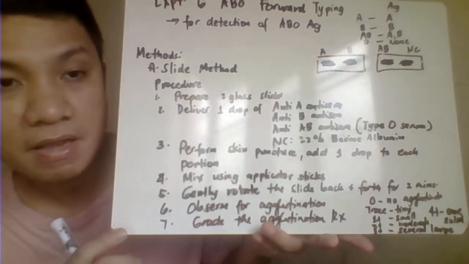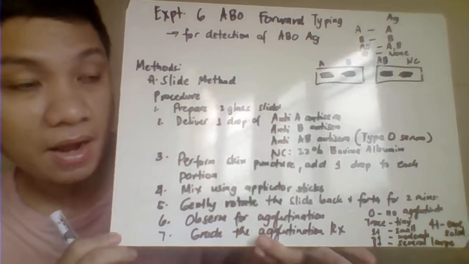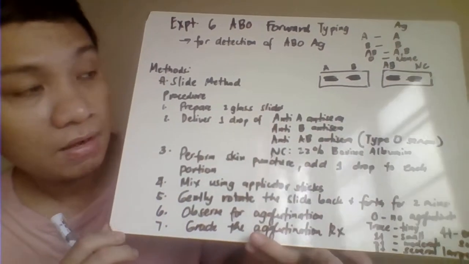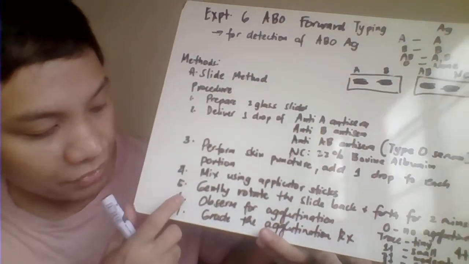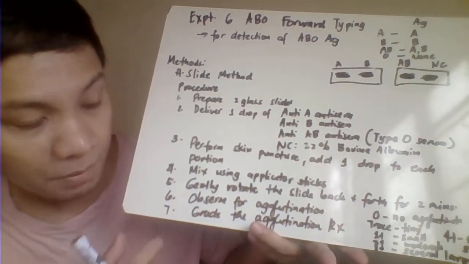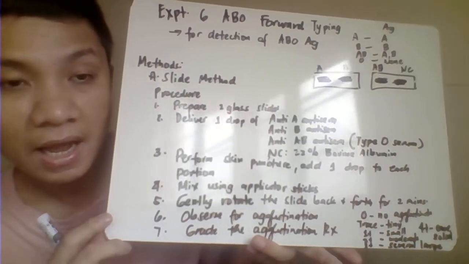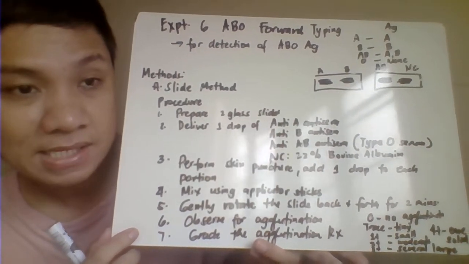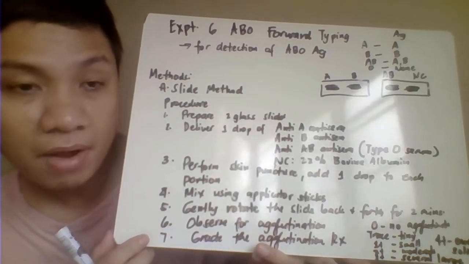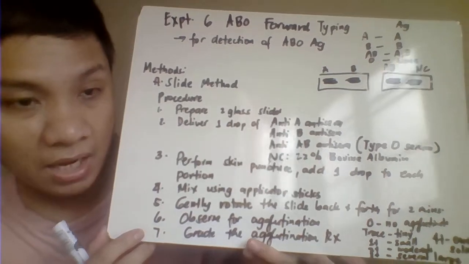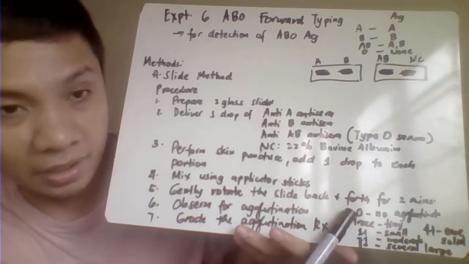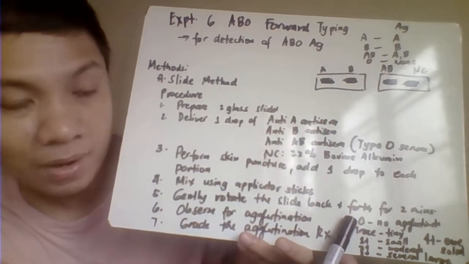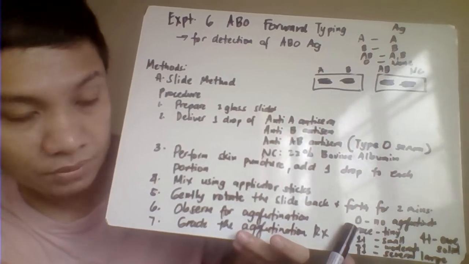That would allow the mixing of your anti-sera in the drop of the blood of the patient. Then after that one, try to observe here for the agglutination reaction. Since this is based on antigen-antibody reaction, there will be an agglutination reaction. Okay, for the grading, 0 means no agglutination trace.